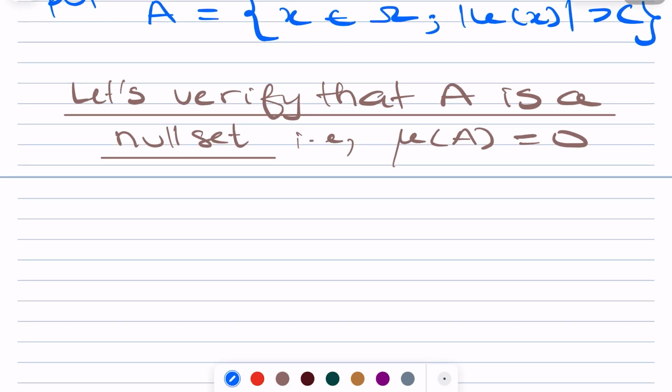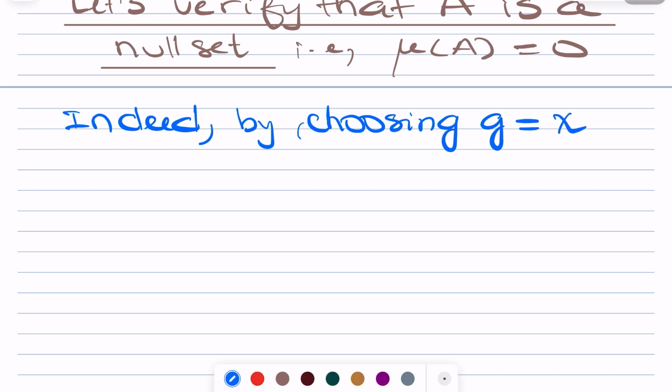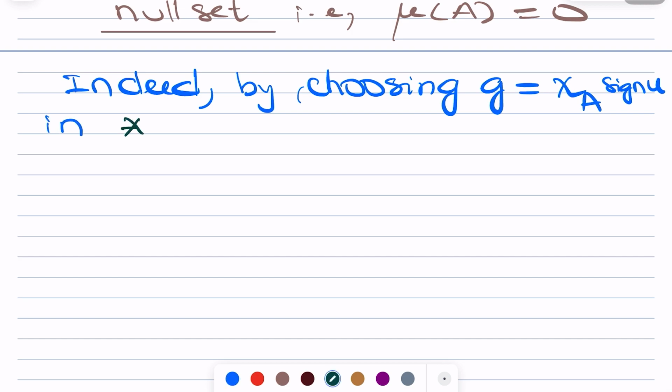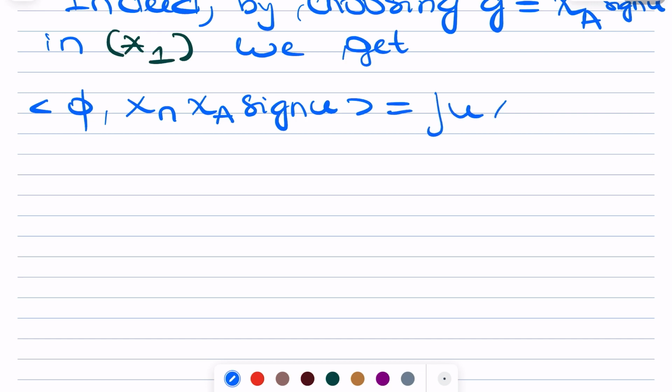Okay, so indeed, by choosing g to be chi A times the sign of u in star 1, what we get is that phi of chi n chi A sign of u is equal to the integral of u times chi n chi A sign of u.